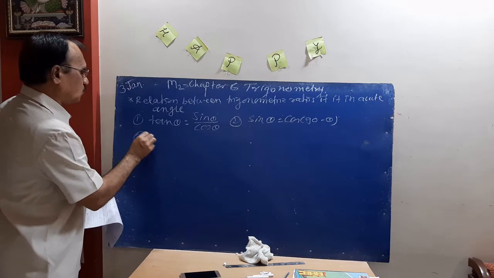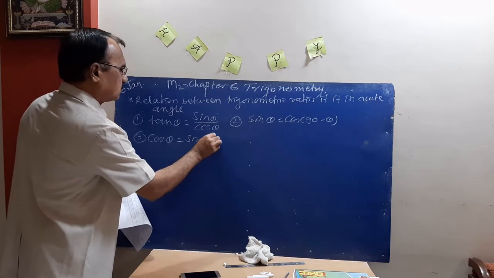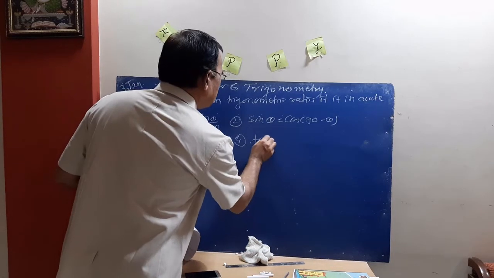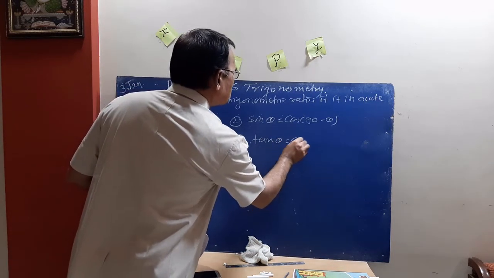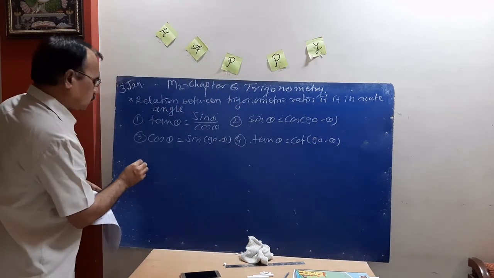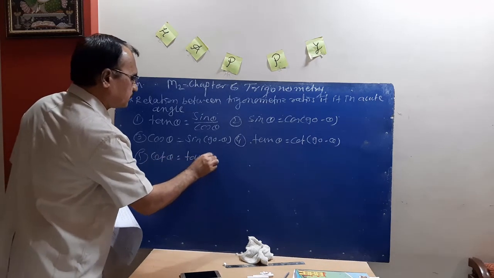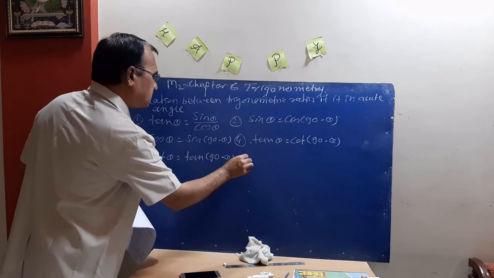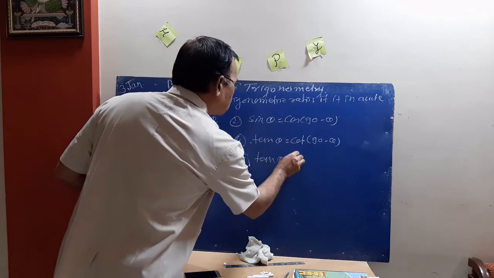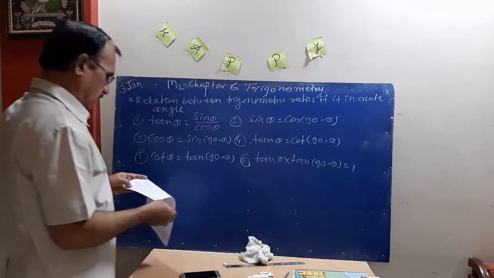Cos theta is equal to sin 90 minus theta. Tan theta is equal to cot 90 minus theta. Cot theta is equal to tan 90 minus theta, and the last one, tan theta into tan 90 minus theta is equal to 1.